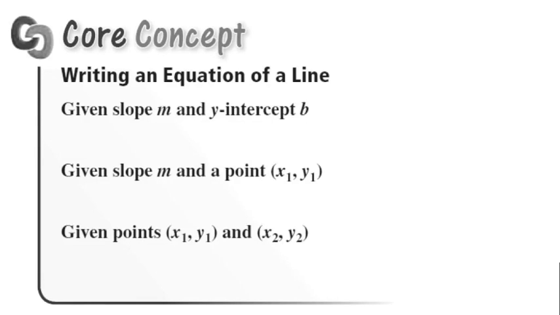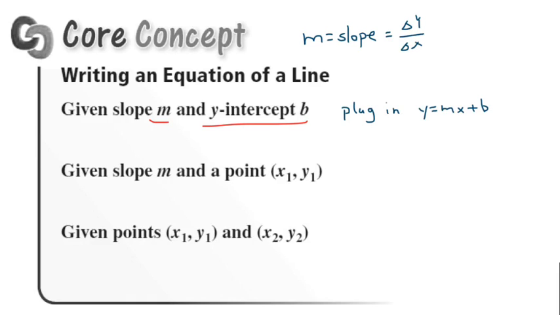If you were given a slope and a y-intercept, your job is done. Just plug into y equals mx plus b. Remember, m equals the slope, which is the change in y divided by the change in x, or another way of thinking of that is, subtract your y's over subtract your x's.